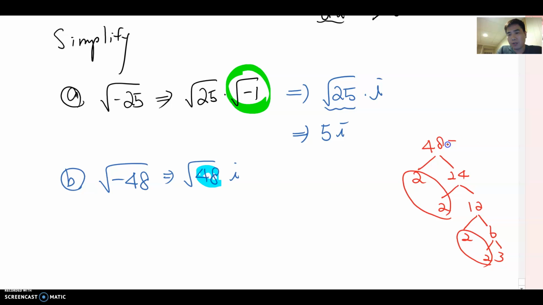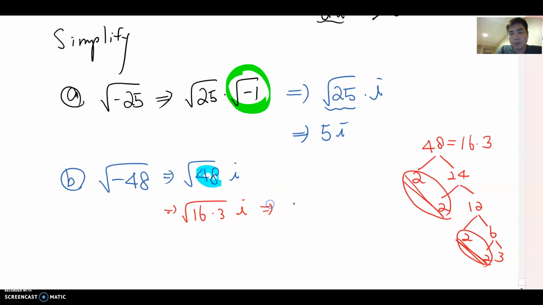So now we can rewrite this. It's 16 times 3 actually, right? This is 1 pair, 2, another pair, 2, so 2 times 2 becomes 4, and 4 times 4 becomes 16. So we know this means root 16 times 3i. Root 16 means 4, right?